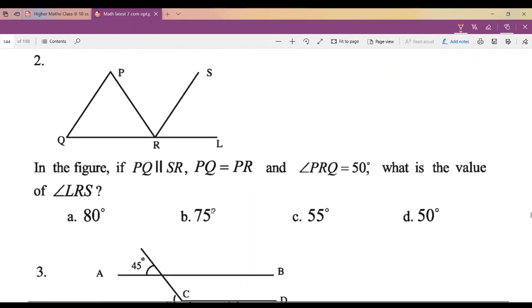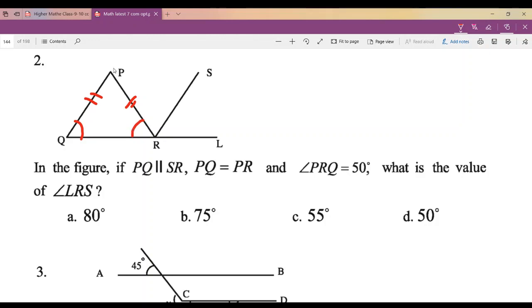Now question 2. In the figure, PQ is parallel to SR, and PQ equals PR, so this triangle PQR is an isosceles triangle, and we know in an isosceles triangle base angles are equal. If these two sides are equal, then their opposite angles are equal.